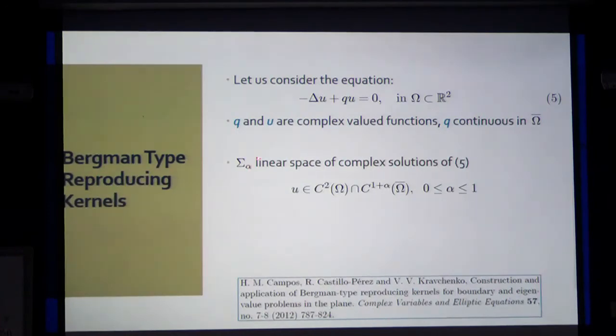Then we define this linear space of complex solutions by sigma alpha, for solutions having this behavior, with alpha being from 0 to 1, and P and Q two points in the plane, such that P belongs to the closure of the domain and Q is a point of the domain. So, the Bergman kernel we introduced in this paper, and the main result is represented in the following theorem.